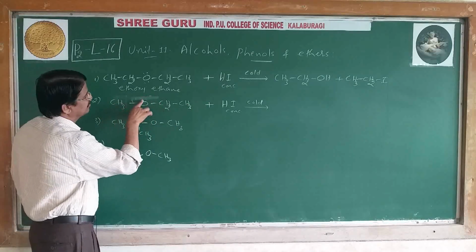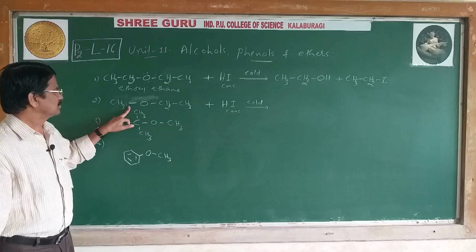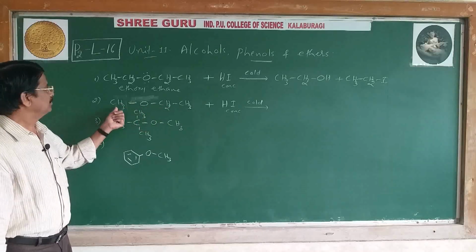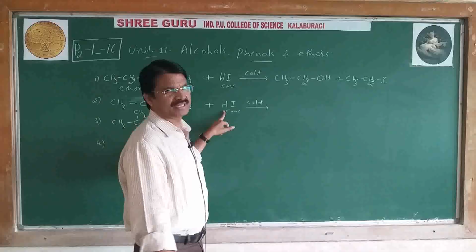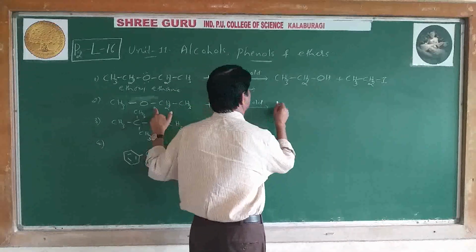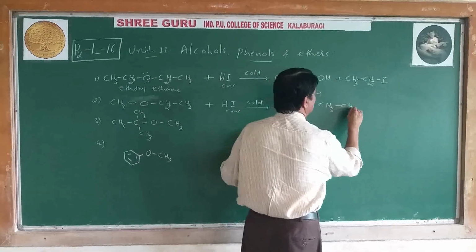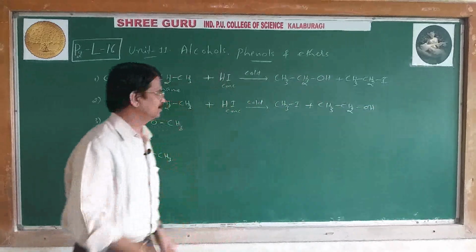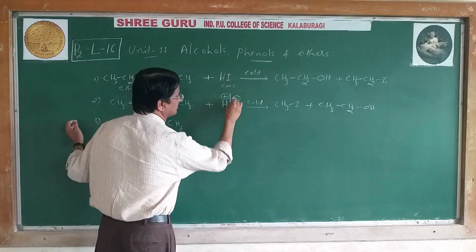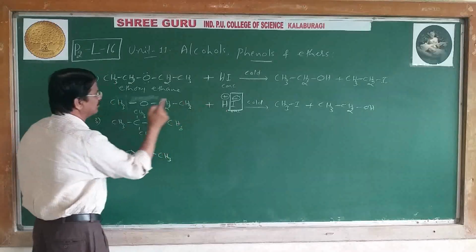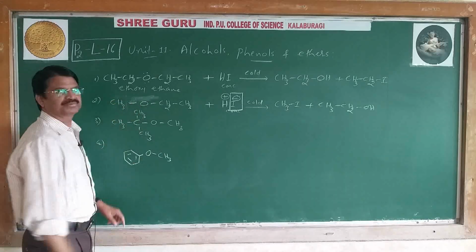This ether, ethyl methyl ether or methoxyethane, reacts with cold concentrated hydrogen iodide to form methyl iodide plus CH3CH2OH. One more hint I will give you: I minus gets linked with the carbon having a lower number, means fewer carbons in the alkyl group.